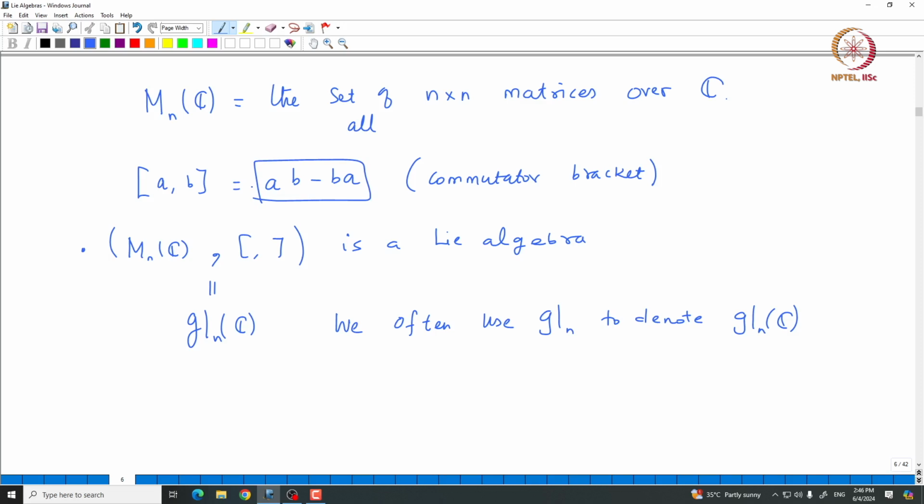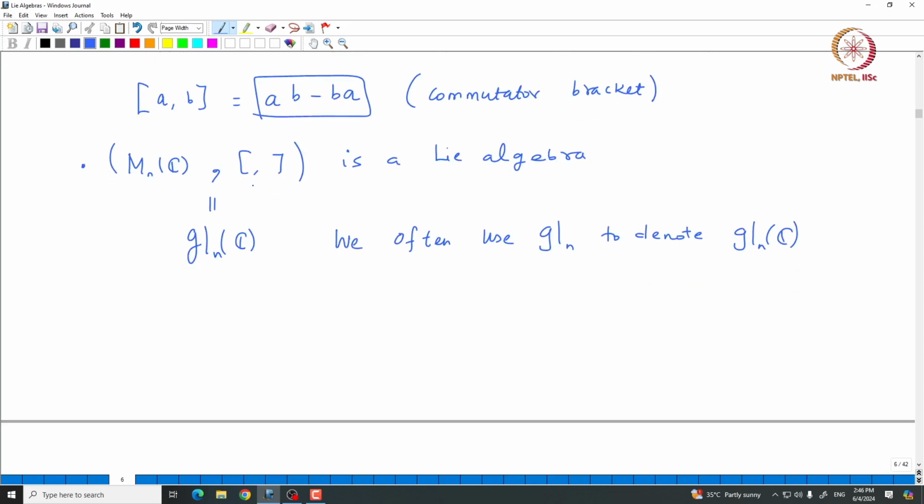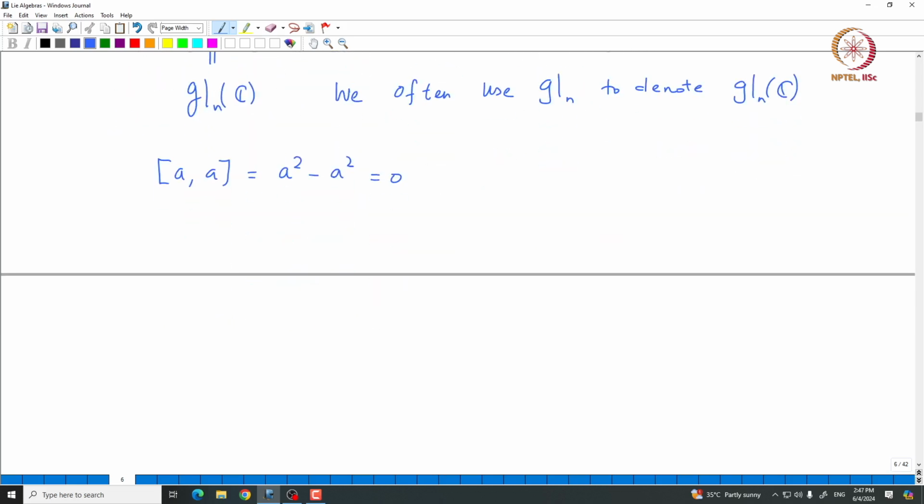In each variable, A and B, it is a C-linear map. Now we will check the skew symmetry, which is also immediate from the definition. If we take the bracket A comma A, this gives A squared minus A squared, which is 0. Now only the non-trivial part is the Jacobi identity. So let us check that.